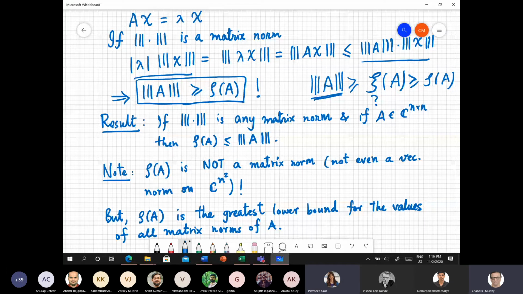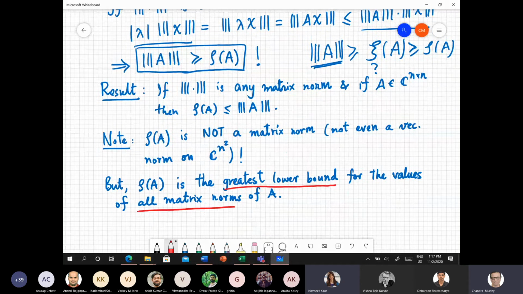The key thing is it has to hold for every possible matrix norm you may choose to define on the matrix A, even ones that we have not yet discussed and maybe people haven't yet discovered. Can you find a bigger lower bound? The answer turns out to be no. So rho of A is in fact the greatest lower bound that will hold for all matrix norms of A. That is what we will show next.